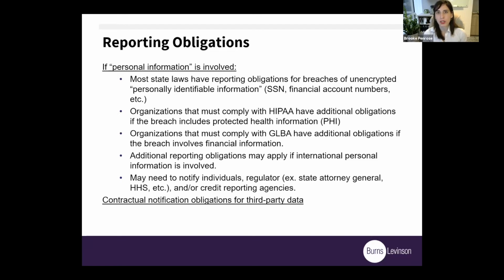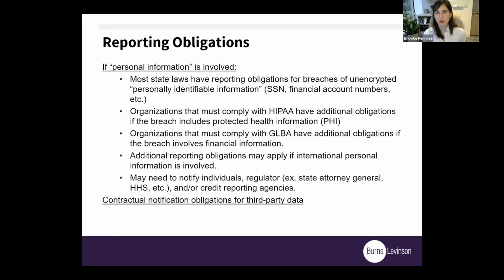In addition, if your organization is regulated by HIPAA or Gramm-Leach-Bliley, it may have additional reporting obligations to consumers, federal agencies, and/or law enforcement. Further, if any personal information involves folks outside of the U.S., international data protection and privacy laws may require additional notification.